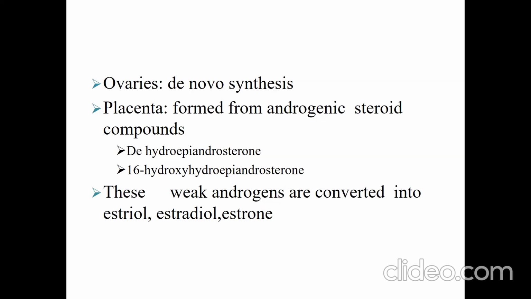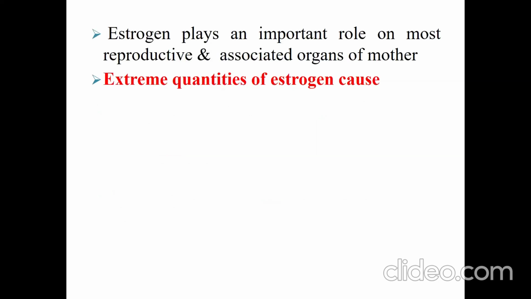These are the two compounds secreted by the placenta, and these weak androgens are converted into estriol, estradiol, and estrone.